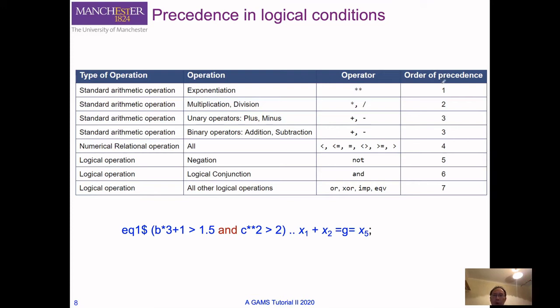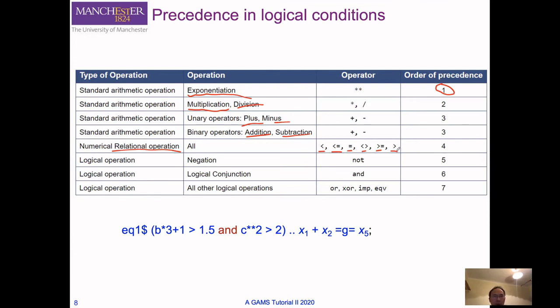The first order of precedence is exponentiation. The second is multiplication and division. Then is plus and minus. After that is addition and subtraction. Following that are numerical relational operations like less than or equal, equal, not equal, greater than or equal, strictly greater than. All these relational operations have the same precedence.